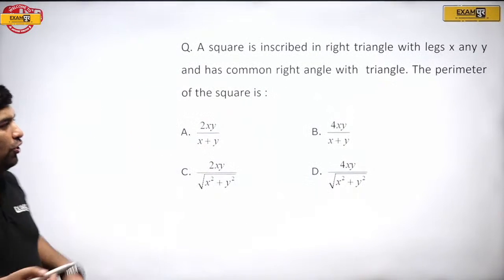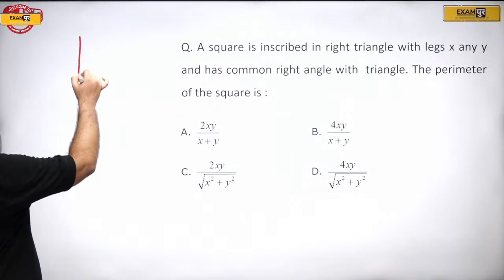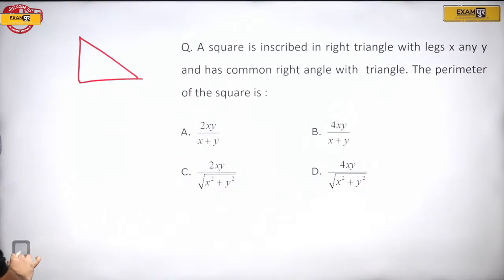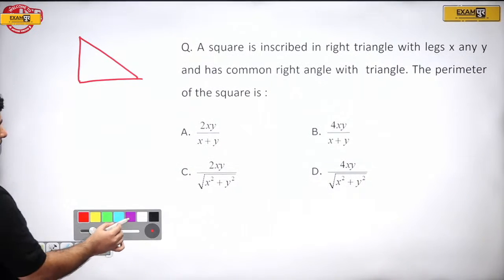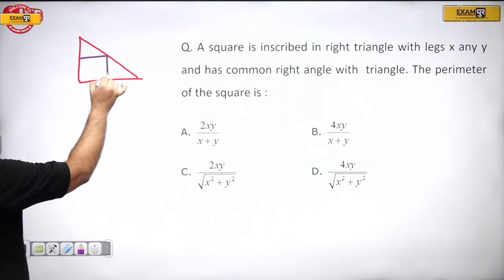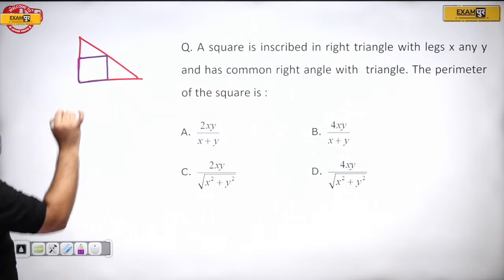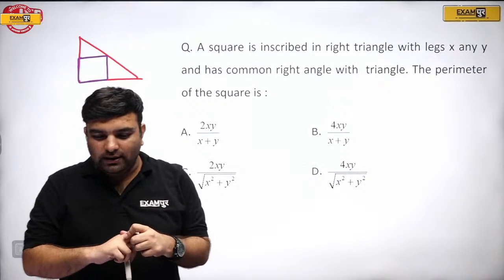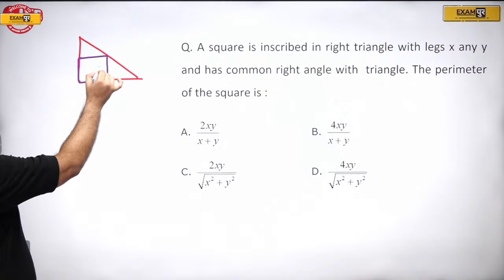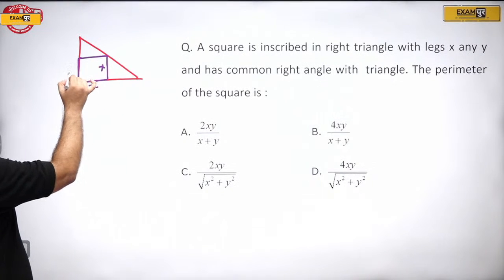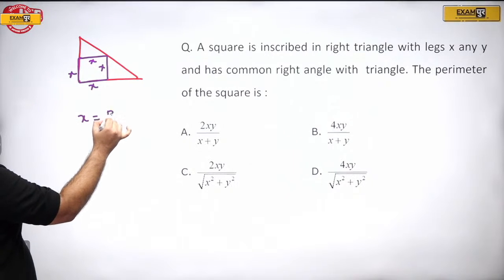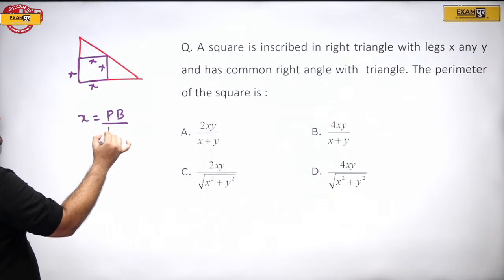Yeah. No one is remembering, only Harika remembered it. That whenever you draw a square inside a right angle triangle, if let's suppose the side is x, I must have told you, this x is perpendicular into breadth upon p plus b.